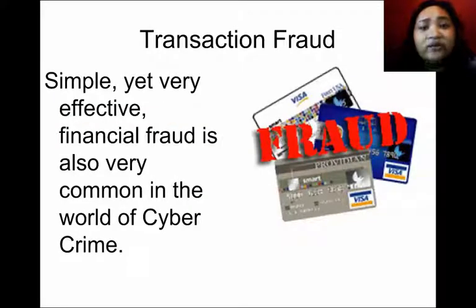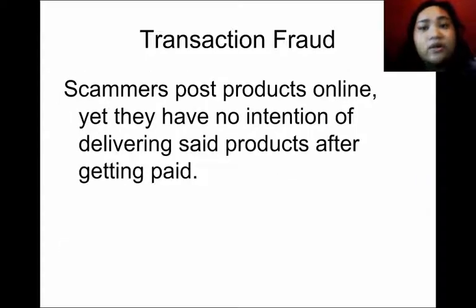Transaction fraud is a simple yet very effective financial fraud. This happens when scammers post products or services online. They will ask for advance payment, and they will not give the products or services that they promised to give.